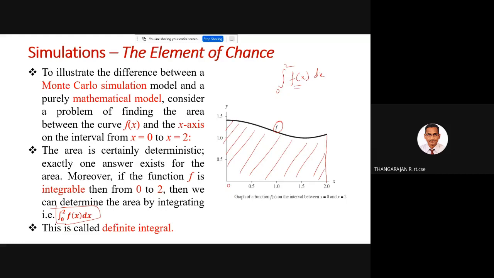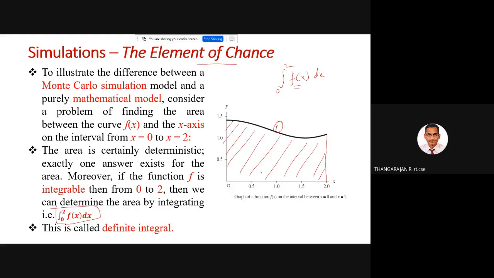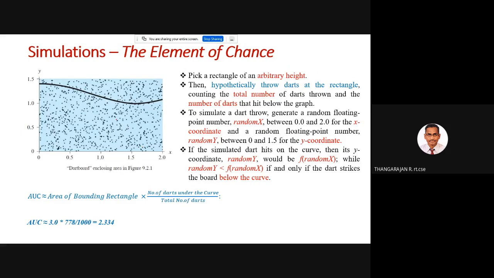In that case, you have to go for simulation, and you have to bring in the element of chance. How will you do that? That's shown here. The same curve we have here, we enclose within a bounding rectangle. The length and height of the rectangle you know.